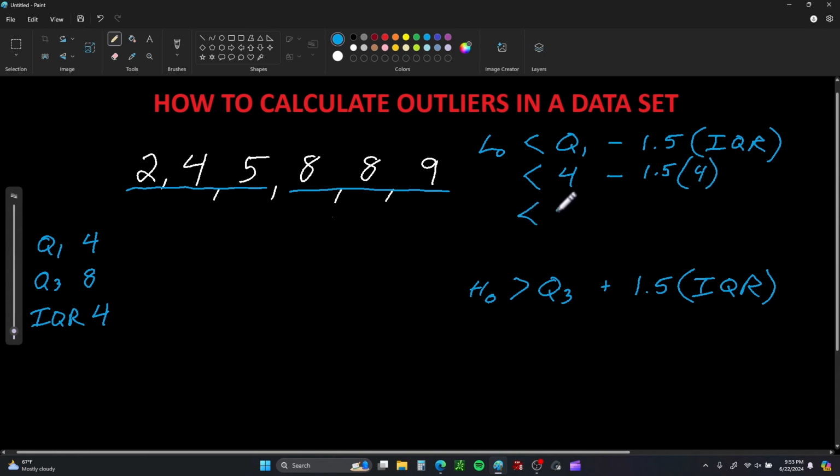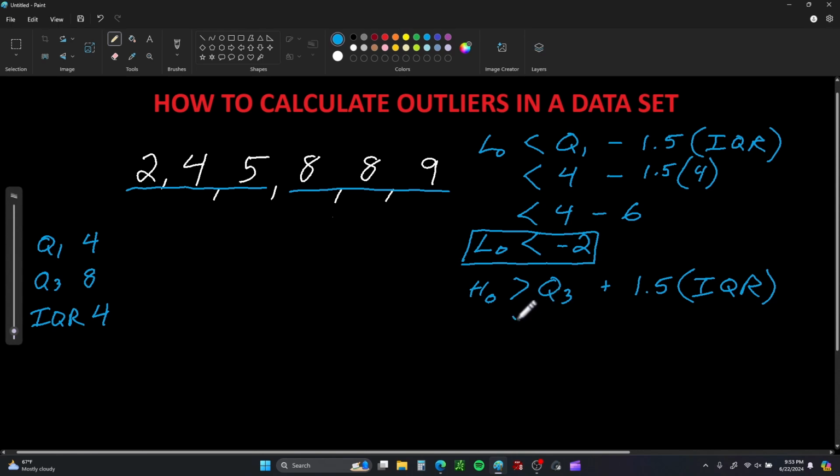So what I have is 4 minus 6. So once I subtract, 4 minus 6 is minus 2. This is a version that would be for 7th grade because it has the negative numbers, but it works the same for 6th grade. So the low outliers are numbers smaller than minus 2.